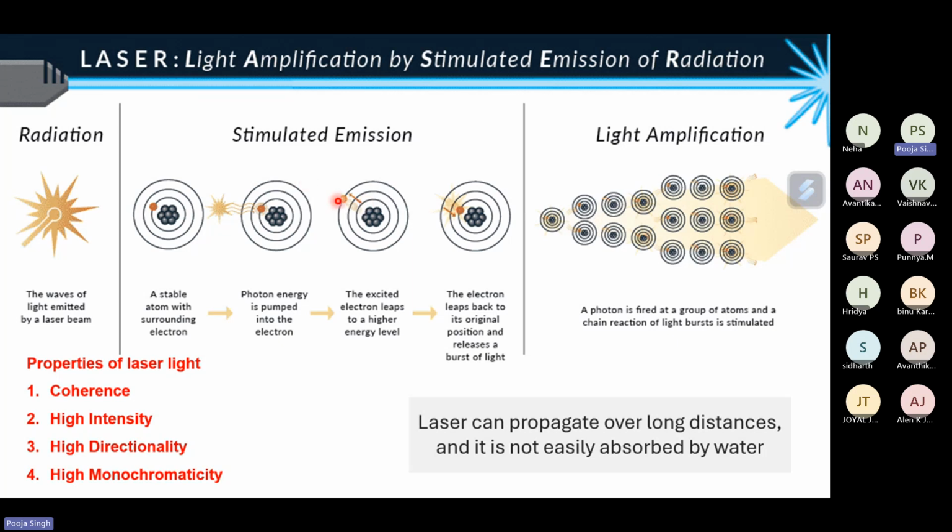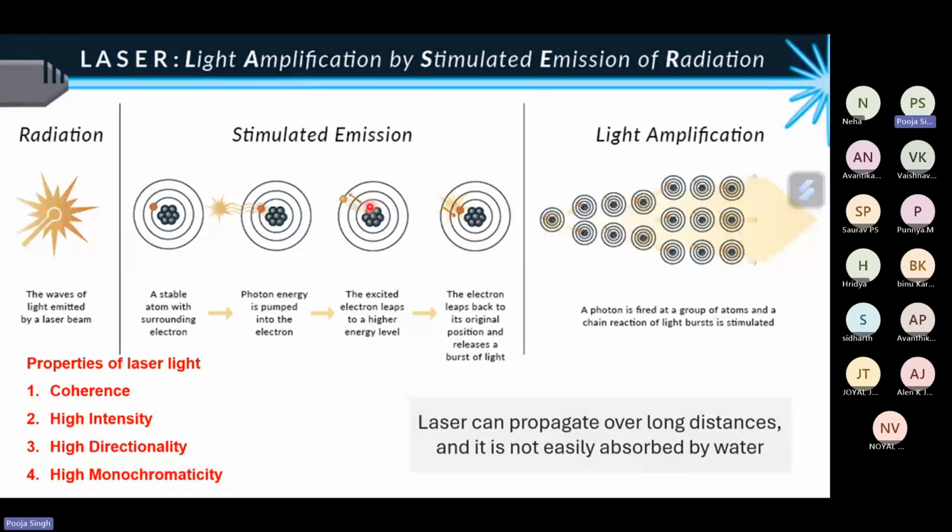Since it is an excited state, and every system wants to be in a stable state, what will happen? This excited state electron will again come into the ground state.